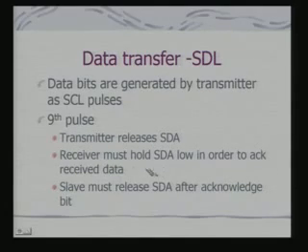The receiver must hold SDA low in order to acknowledge the received data, okay, and the slave must release SDA after the acknowledge bit, so that now the master can again start transmitting, provided the clock is not pulled low by the slave.